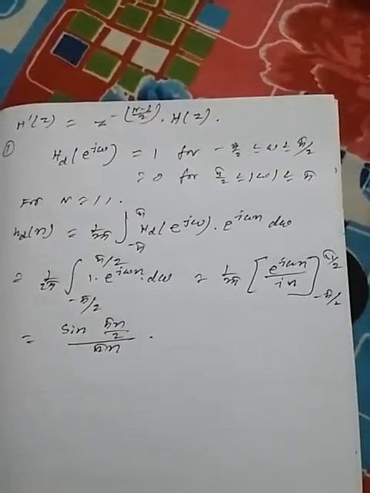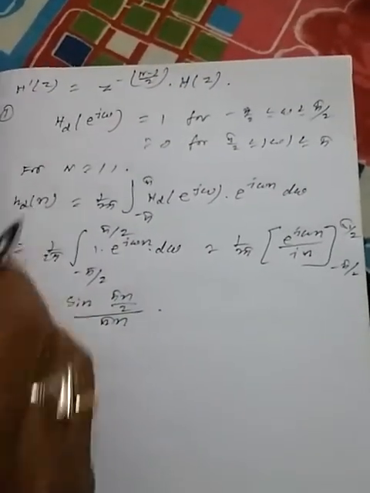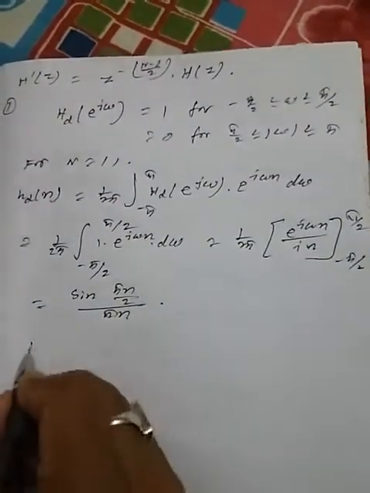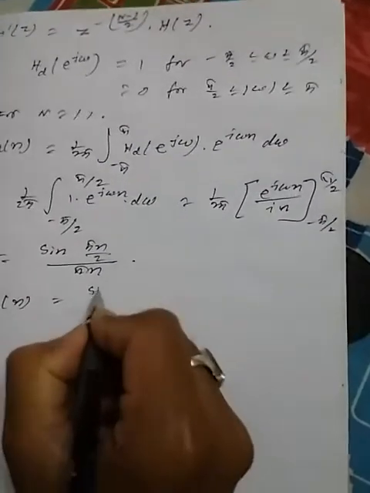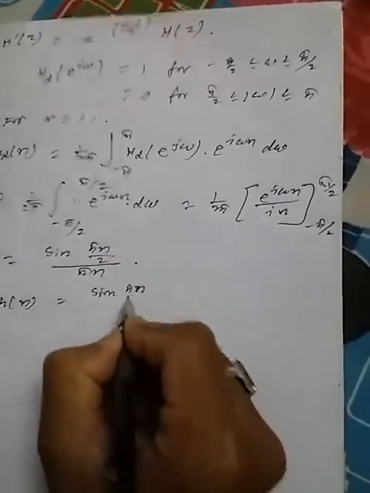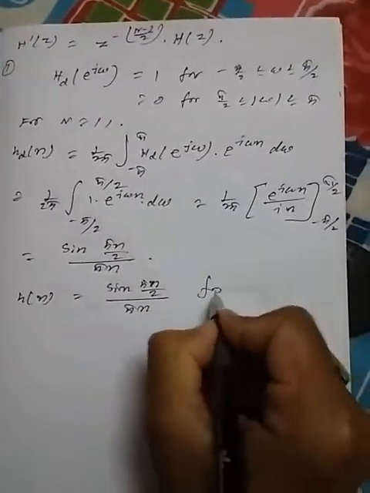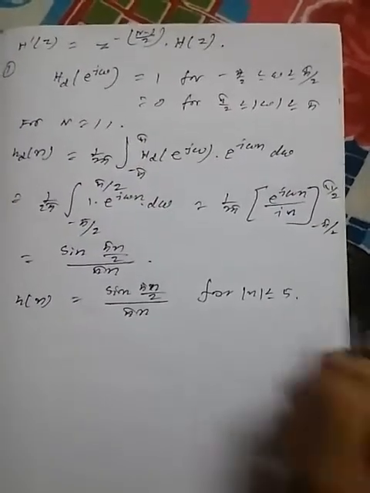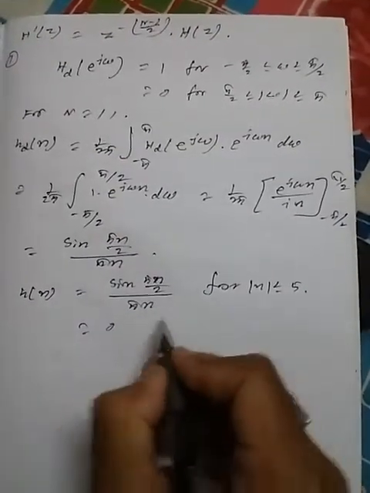Okay. Now we have to truncate this h_D(n) to 11 samples. That means we are getting h(n) by truncating h_D(n) to 11 samples. So h(n) will be equal to sin(πn/2) by πn for |n| ≤ 5, because (11-1)/2 is equal to 5, and 0 otherwise.